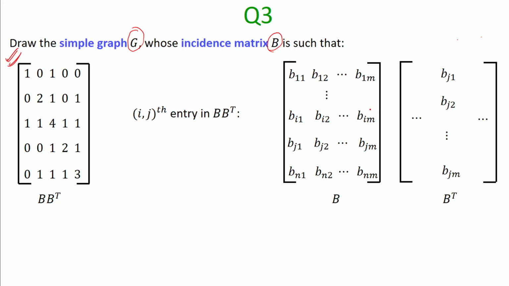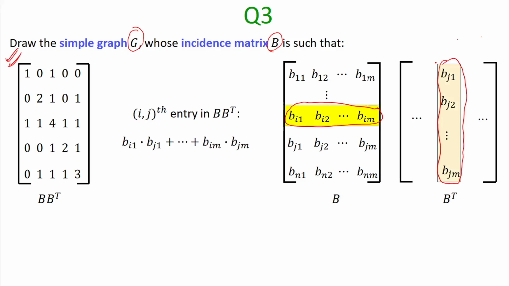We would take the ith row and multiply it with the jth column component-wise. Namely, bi1 would be multiplied with bj1 and then added to the product of bi2 and bj2, and like that we would multiply bim with bjm, and if we add all these things, that will give the i comma j entry of the matrix B times B transpose.